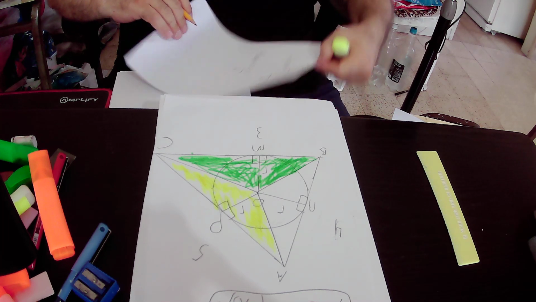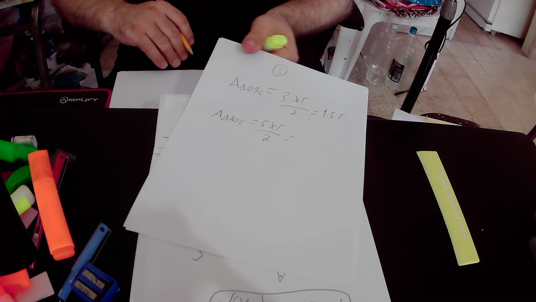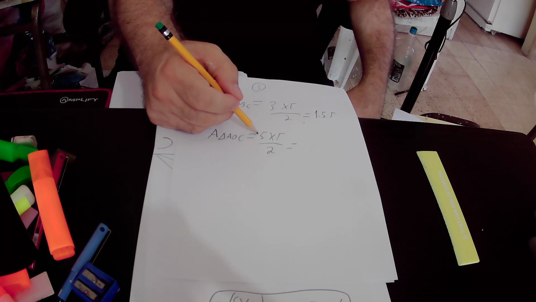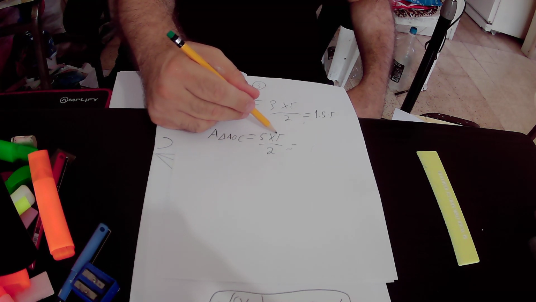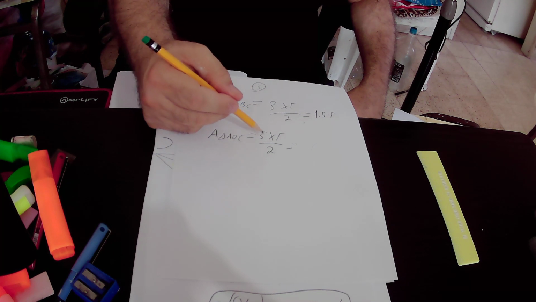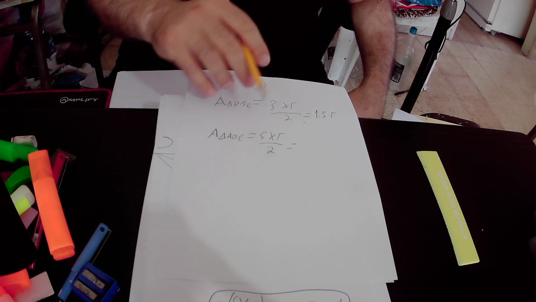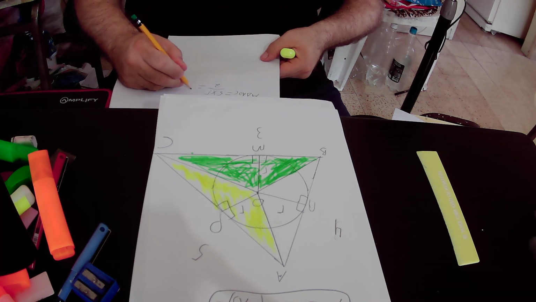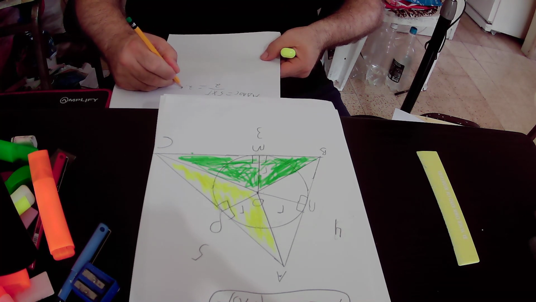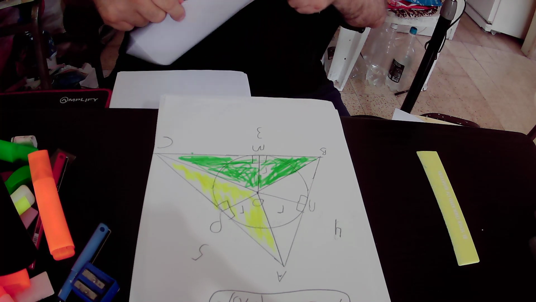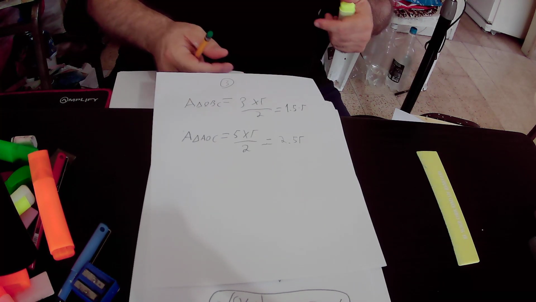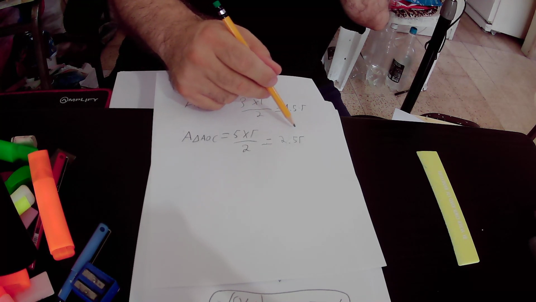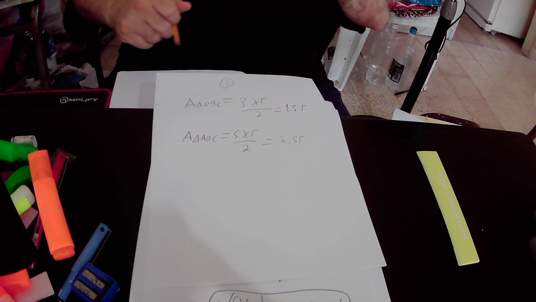or the area of the yellow triangle equals the base, that is 5 units, times the height, that is the radius, divided by 2. 5 over 2 is 2.5, so I write it down. So in total, the area of the yellow triangle equals 2.5 times the radius of the circle.